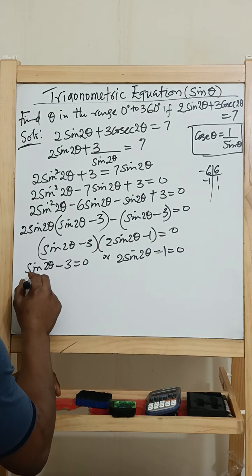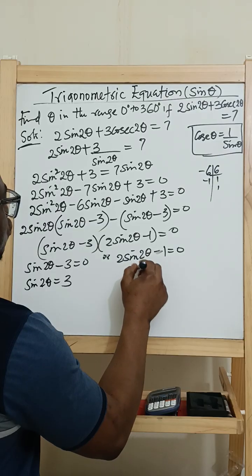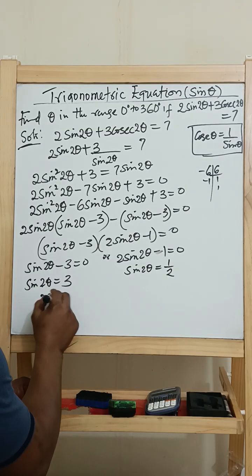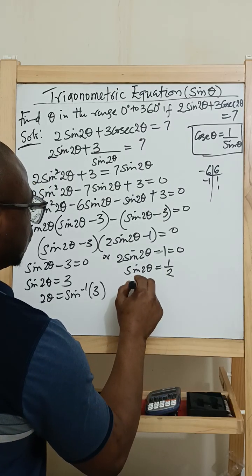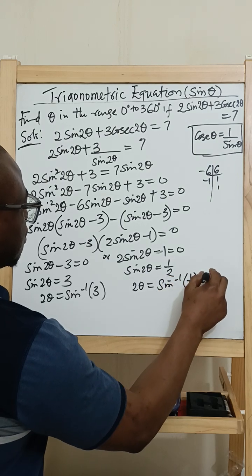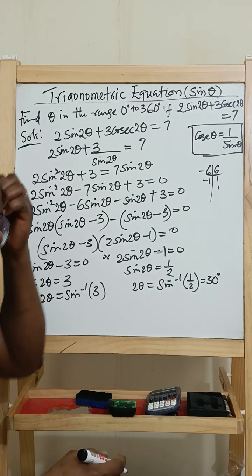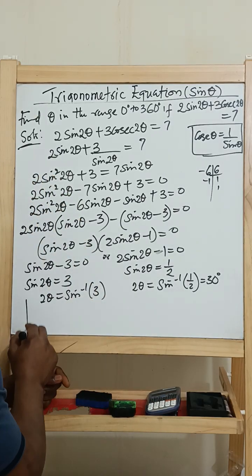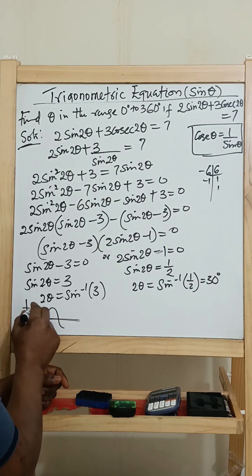So sine 2 theta from the first is going to be equal to 3, and from the second, sine 2 theta is 1 over 2. What's 2 theta here? Arc sine 3. And for the other, 2 theta is arc sine 1 over 2, which is 30 degrees. Look at arc sine 3: 3 is a number that is more than 1. Our sine curve is always between 1 and minus 1.